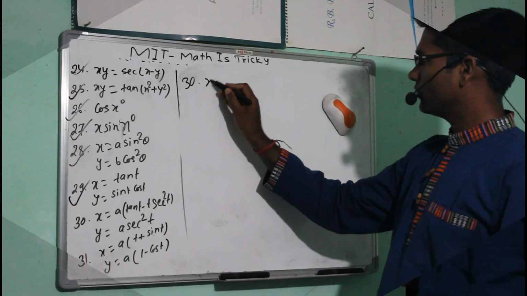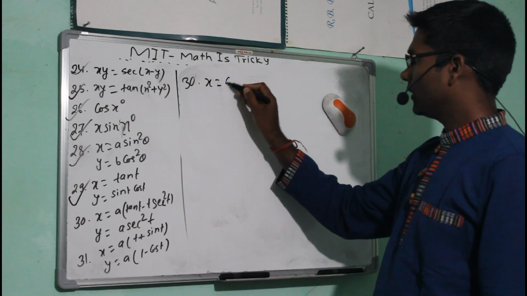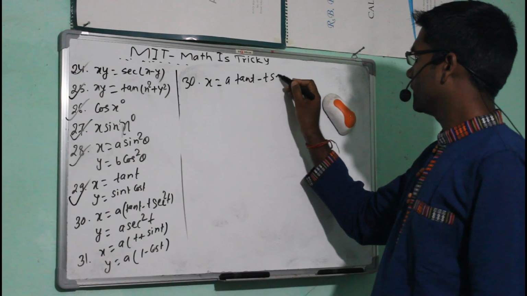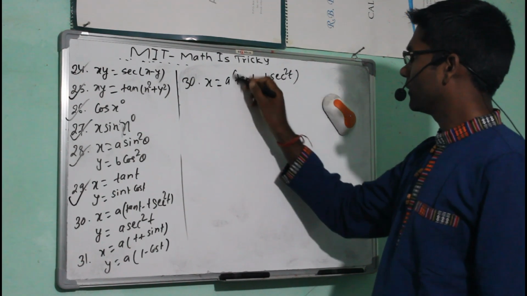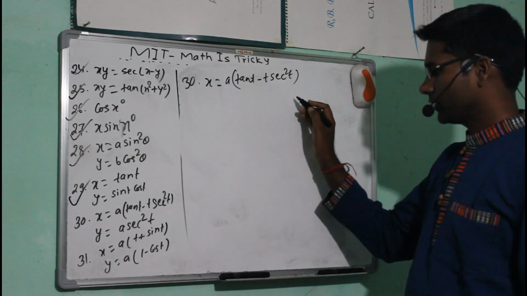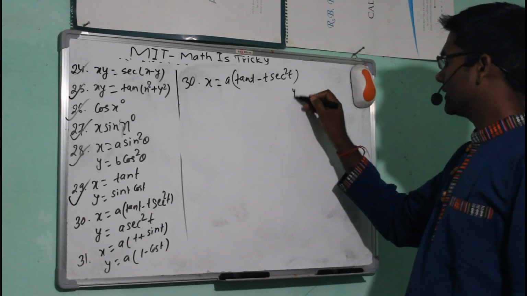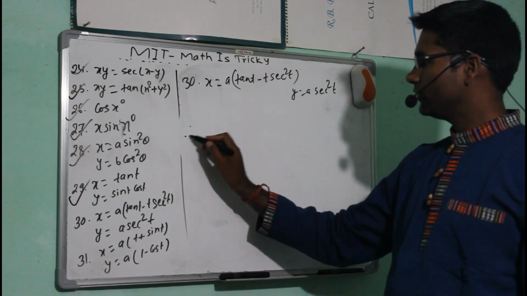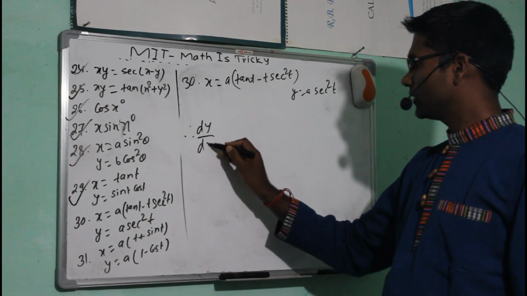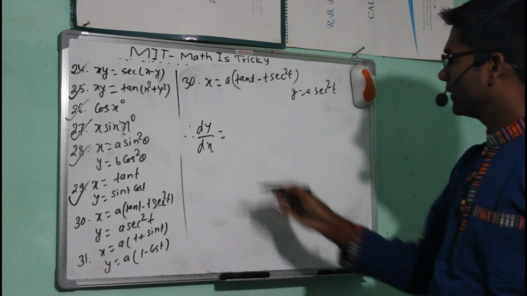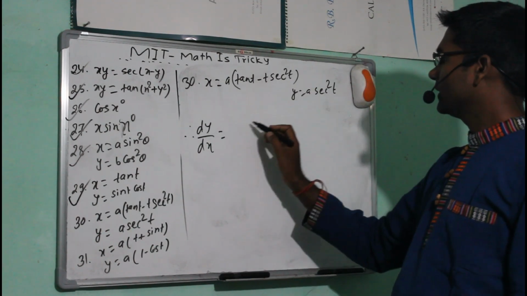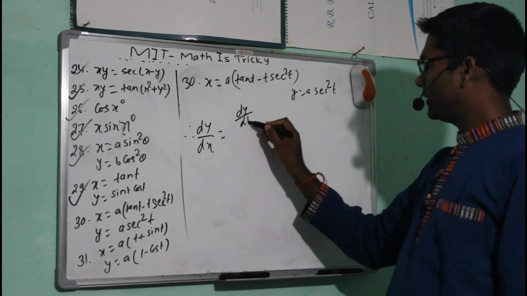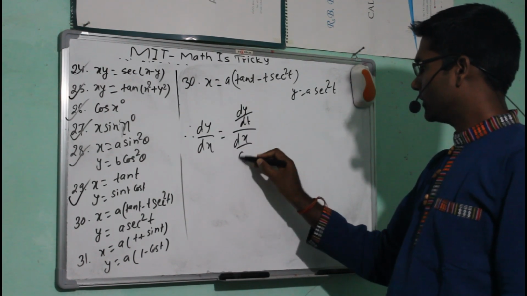This is our answer. Next, x equals a times tan t minus t, and y equals a sec square t. We have to find dy by dx. Both x and y depend upon t, so we'll differentiate both with respect to t: dy by dt and then dx by dt.